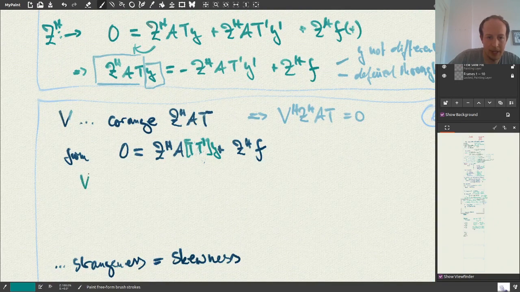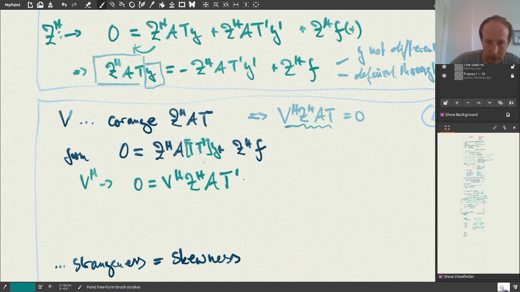And now we apply the VH to that from this side. Then what will cancel out is this part here. So this will give us 0 is VH ZH A. The t part cancels because of this here. And we will only stay with the VH the dash part times the y dash plus what stays with the right hand side, VH ZH F.